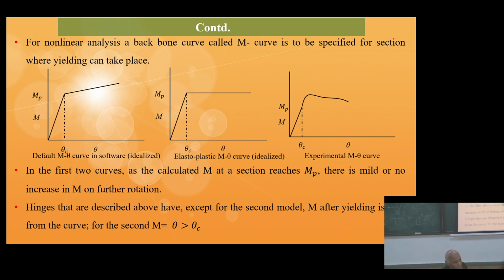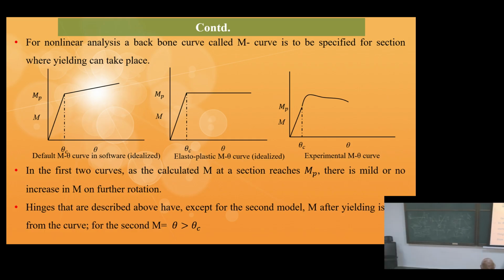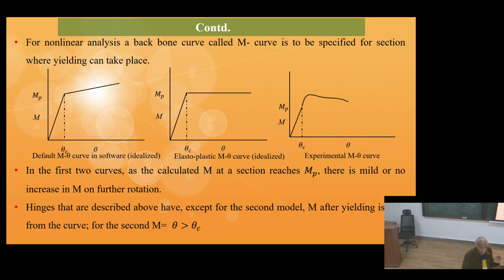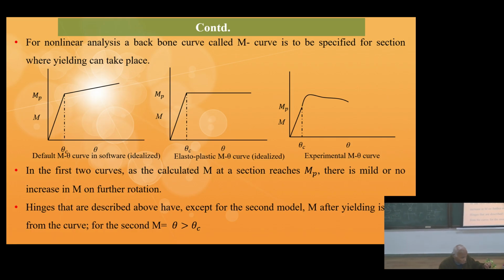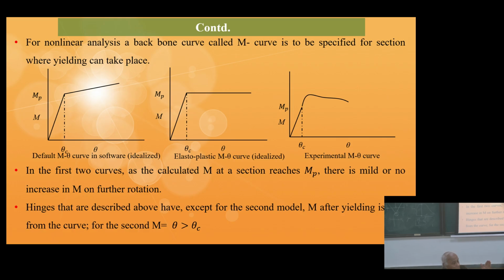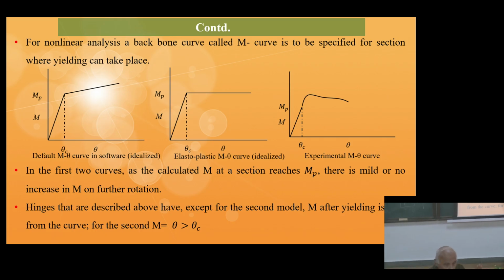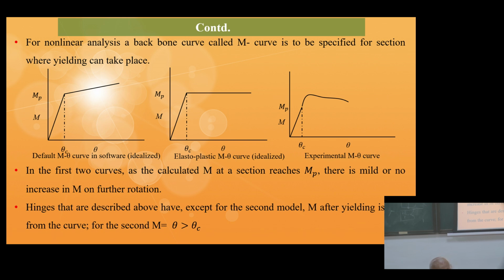In principle, these behaviors should be given according to some experimental test of the M theta curve. That means you should see, once MP has been reached, how moment versus theta behaves on further application of load.